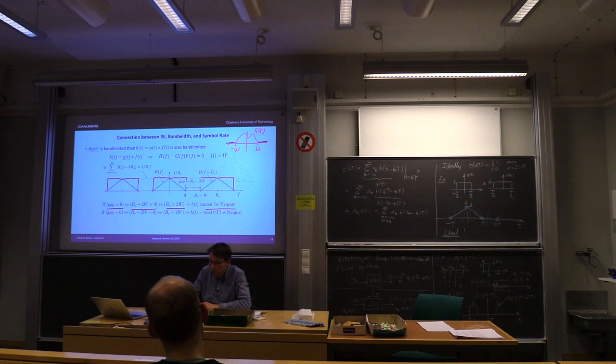So if the Fourier transform is a box, what is the inverse Fourier transform of that? That's a sinc. Okay. So it is possible to have intersymbol interference-free transmission, but only if H happens to be a sinc. That's the only choice we have.